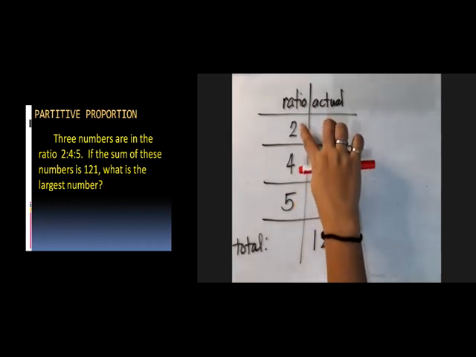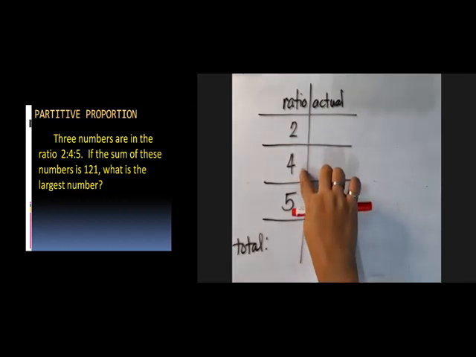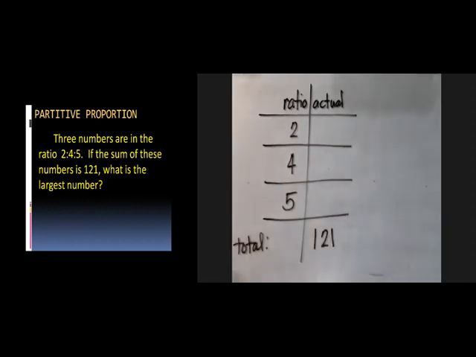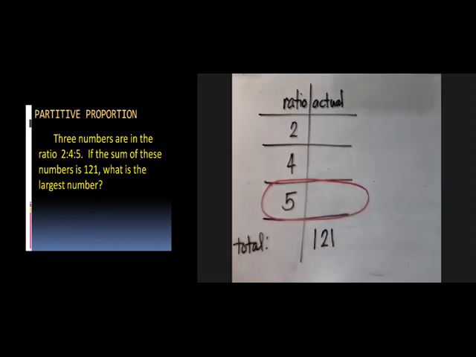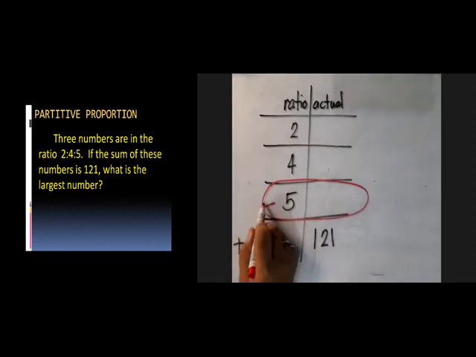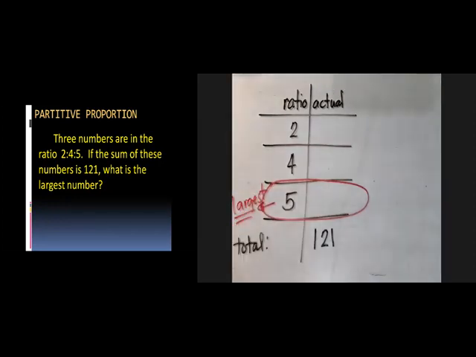So, meaning to say, kung largest number ang hinahanap, hindi 2, hindi 4, kung hindi 5. So, etong column na to yung pagkukunan natin ng sagot. Kasi, this is the largest term. So, it would give you the largest number dun sa actual na. Okay? So, tapos na yung ating pag-organize ng data ng ating problem.